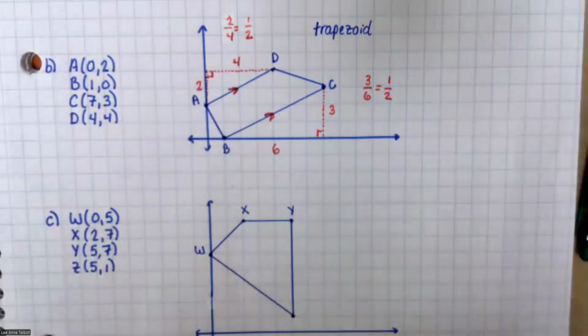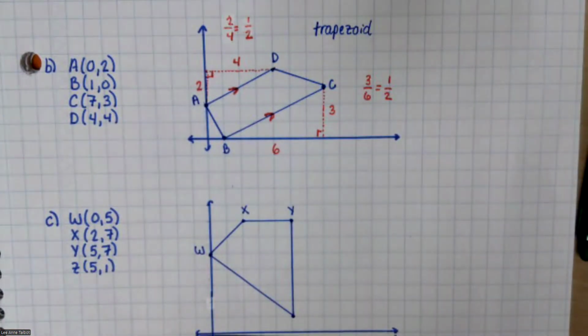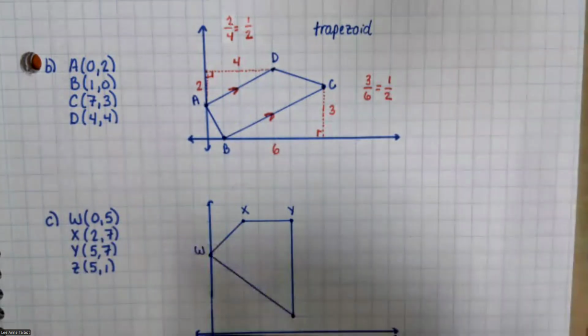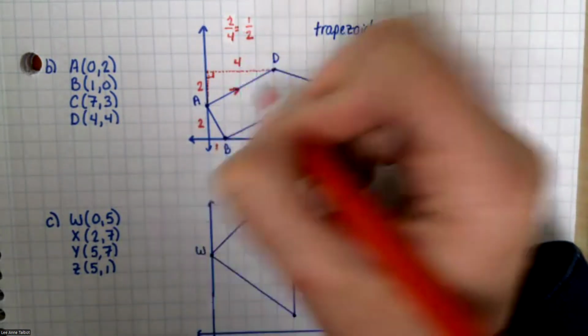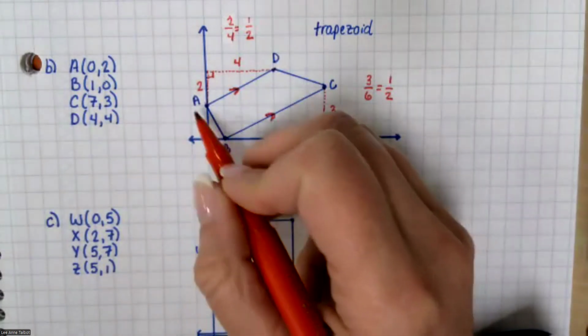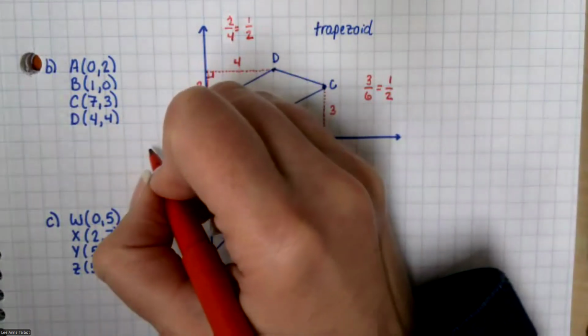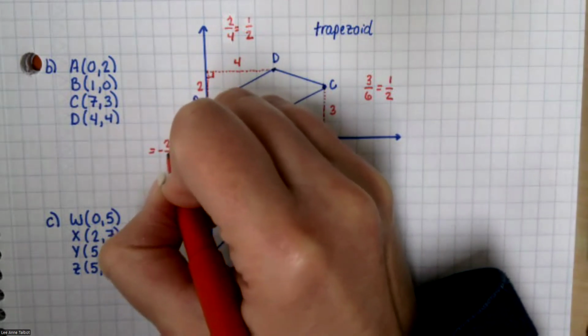Now, this is actually a special trapezoid that's not on your list. Oh no, Mrs. Talbot, how could our list be incomplete? It took us 20 minutes to write it down. Well, that's because this little bit right here has a slope of -2/1.